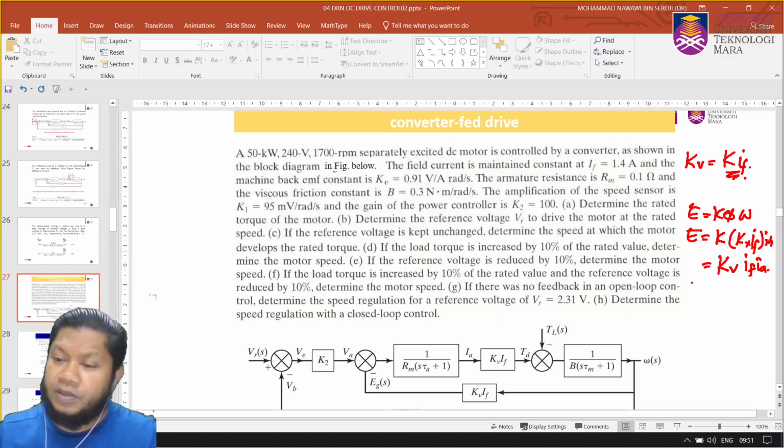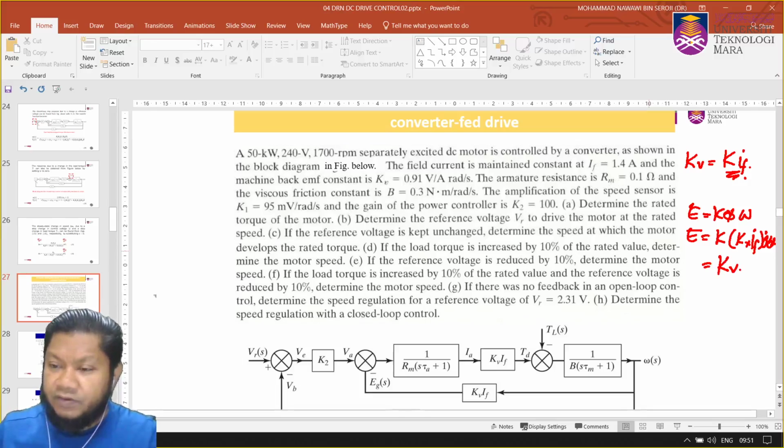Okay, and therefore omega K... there's a mistake here. This is not IA. This is omega, KV.